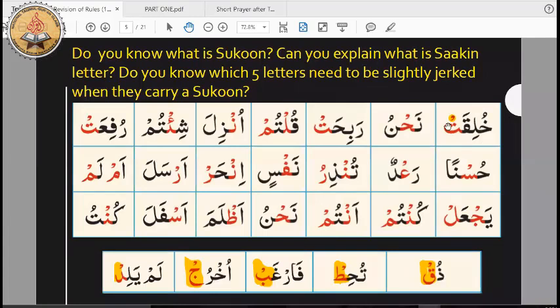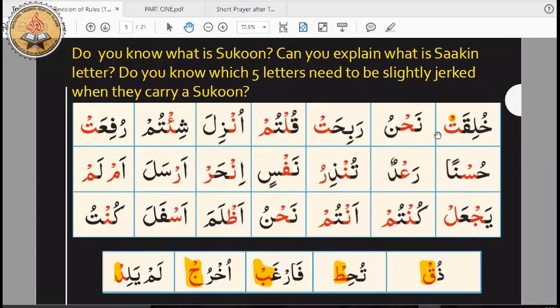So this first example, I would read this as khuliqat. Okay, because a letter with a sukoon on top of it means that you have to join the previous letter to the letter with the sukoon.